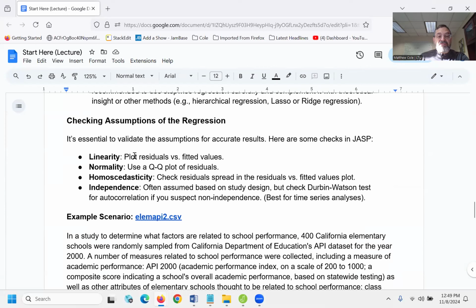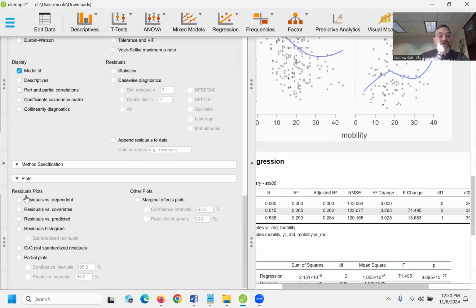We're going to look at the plot of the residuals versus the fitted values, and the QQ plot of residuals. Okay, so the residuals versus the predicted, and the QQ plot.